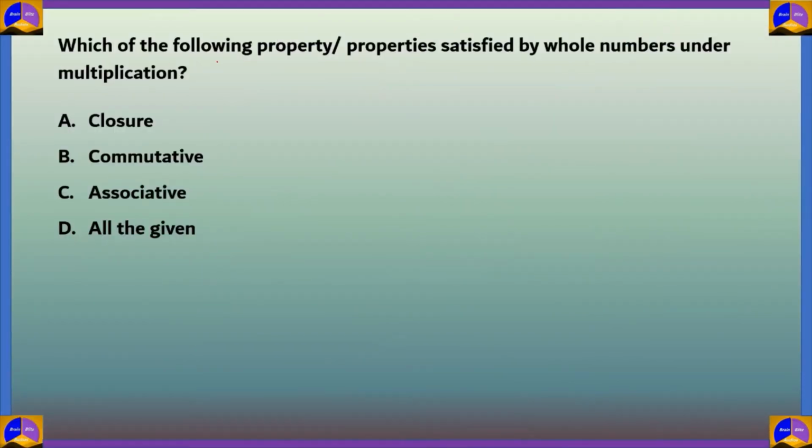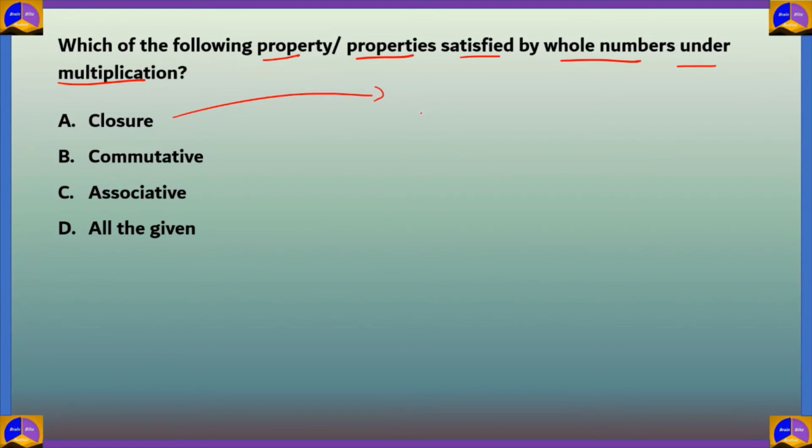Next, which of the following property or properties is satisfied by whole numbers under multiplication? A. Closure, B. Commutative, C. Associative, and D. All the given. Now, let's look at each of these properties.